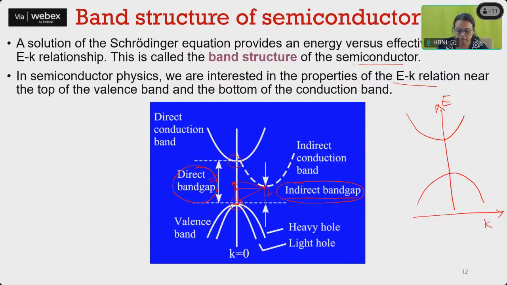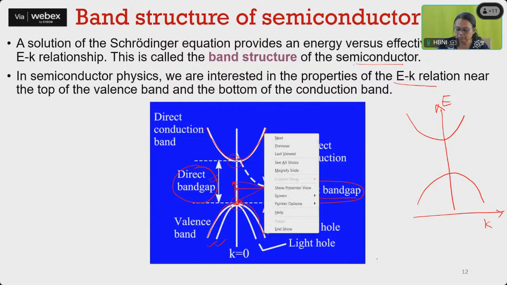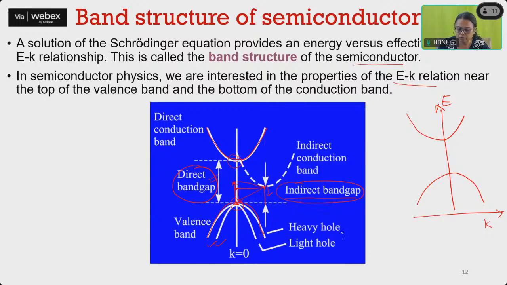One more thing you can see here is the curvature. Here we have shown two curvatures. If the curvature is more, it is called the effective mass of the holes, or if it is in the conduction band, the effective mass of the electrons. This is called M star.